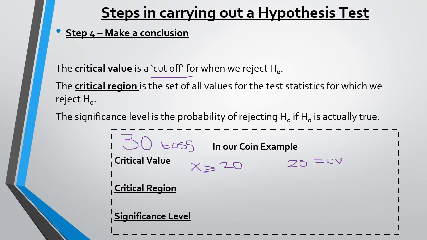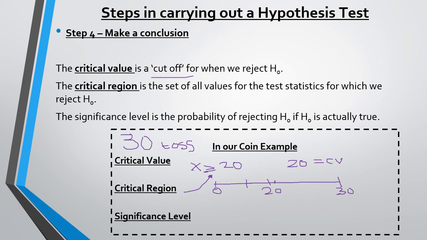My critical region is all the values of X for which you would reject the null hypothesis. You can sort of see it as a little number line. These are my X values. I had 30 maximum, because I was having 30 tosses of a coin, and it can go down to 0.